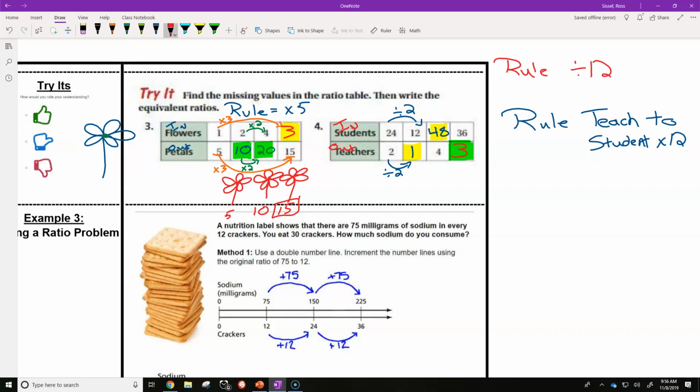But they did what I do. I don't like dividing. I'd rather multiply. So instead of going in to out, I went out to in, which is the opposite. I multiplied. 2 times 12 is 24. 1 times 12 is 12. 4 times 12 is 48. Blank times 12 is 36. The answer would be 3.